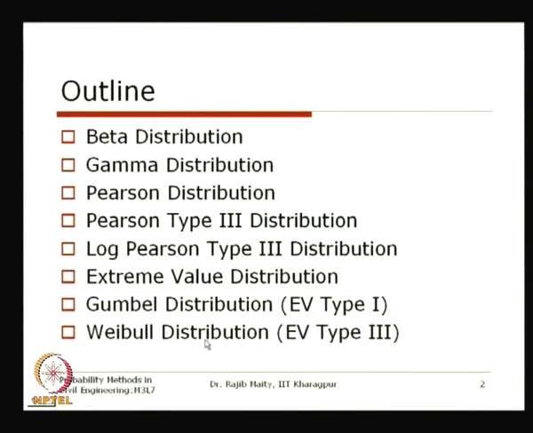There are some more distributions. Before I proceed to the main part of today's lecture, I should mention that there are some more distributions which will also be covered, for example the chi-square distribution, the t distribution, and the F distribution. These distributions are important not only in civil engineering, but in all different problems where we need to test statistical data.